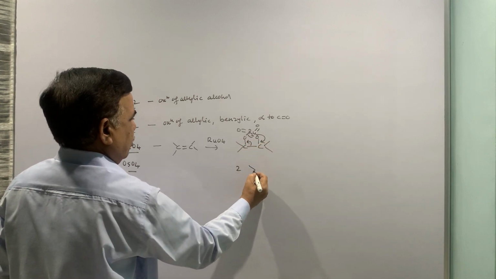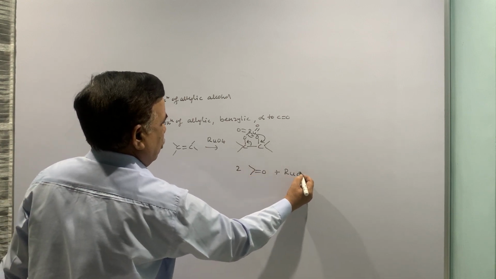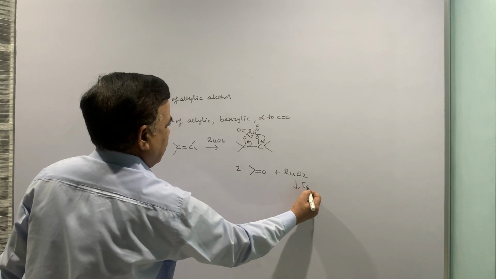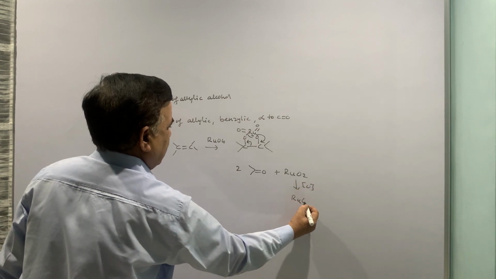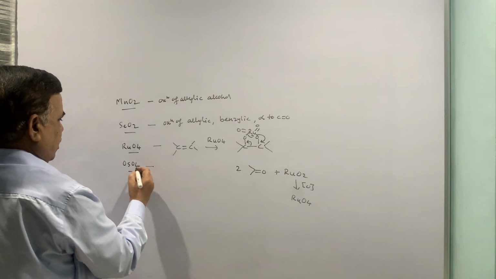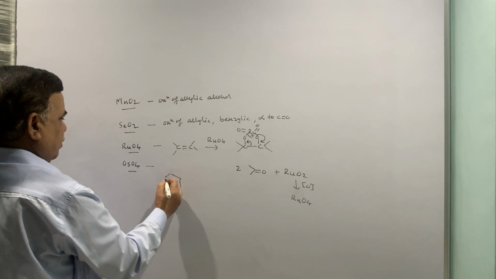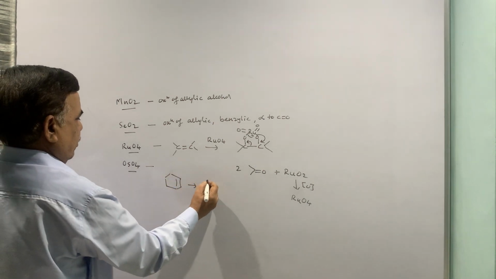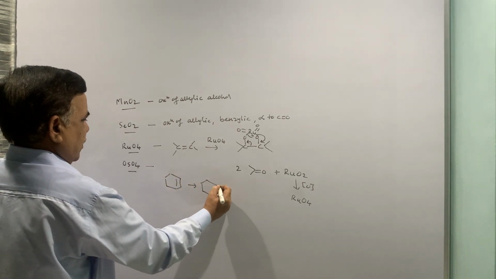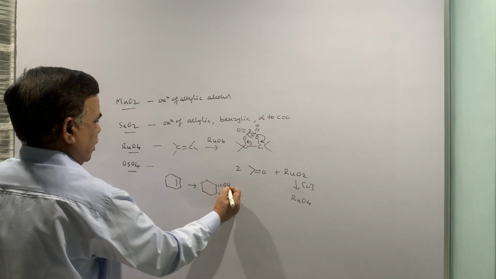So you get two molecules of carbonyl along with RuO2. This can be oxidized to RuO4, and you can continue with this. Now osmium tetroxide, if I start with alkene, we get vicinal glycol, that is the application part of osmium tetroxide.